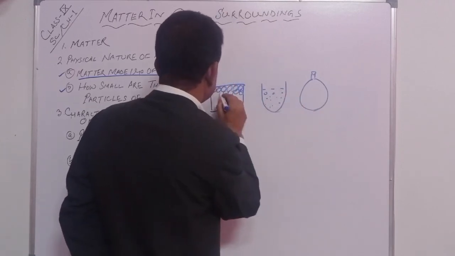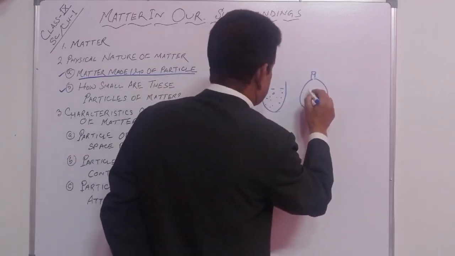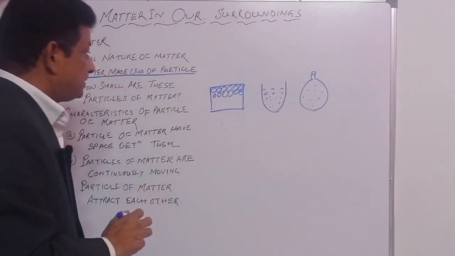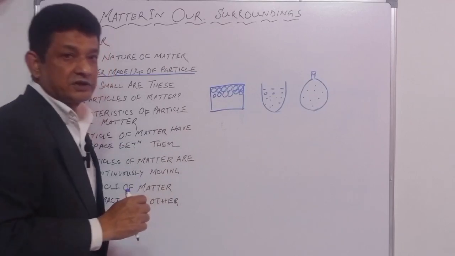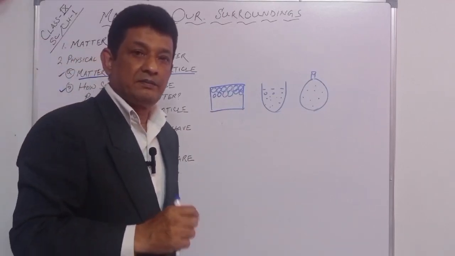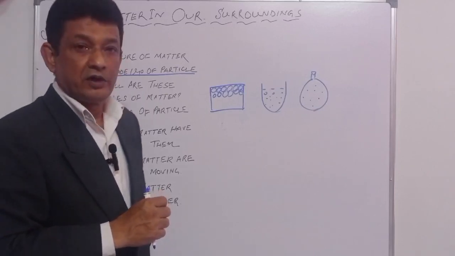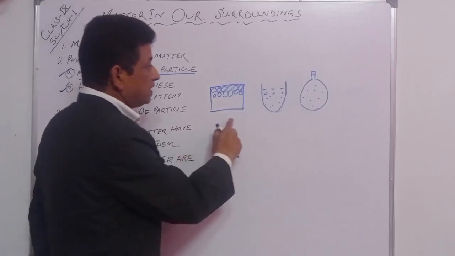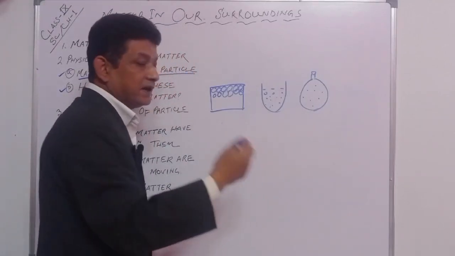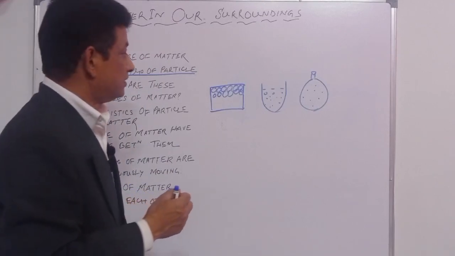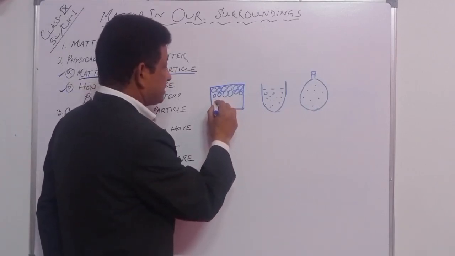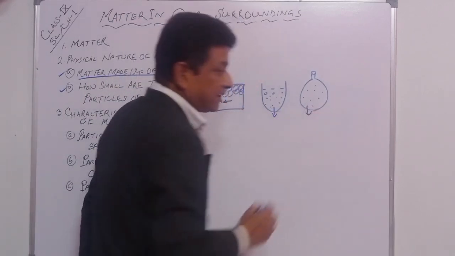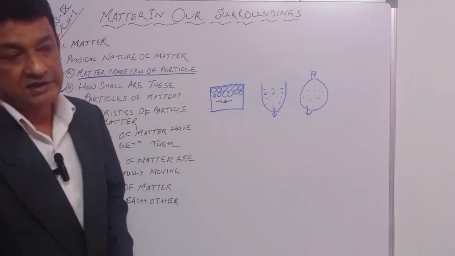These are the particles of matter, and they have an attraction force between all the particles. This is also known as cohesive force. Due to this force, a solid, liquid or gas maintains its characteristic feature. In solid, the attraction power is more. In liquid, it is intermediate, and in gaseous, it is least.